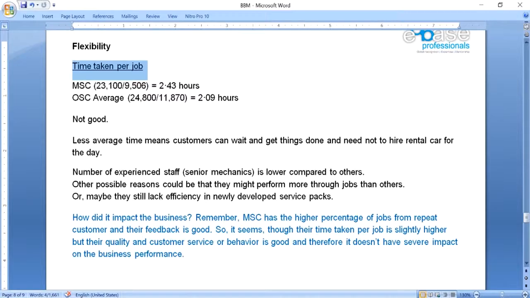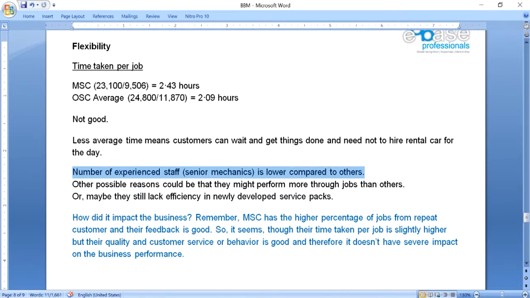So in terms of experience, we are a bit behind other service centers. They have 7.8 senior mechanics and we have 7. So this could be a reason because we don't have that much experienced staff. So that is why maybe the time taken per job could be higher.